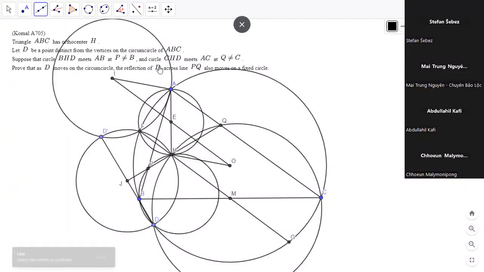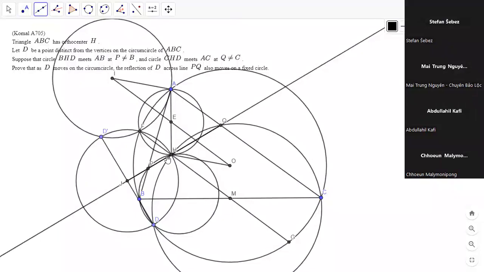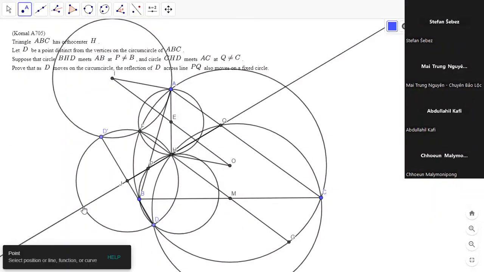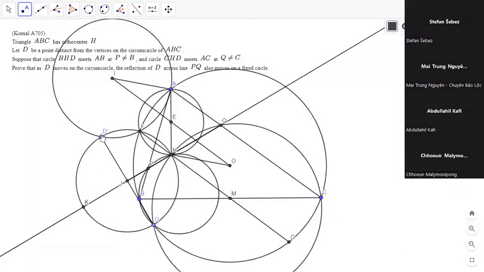So I wonder if we draw this point right here. Oh, FH and A are collinear with the midpoint of this arc.